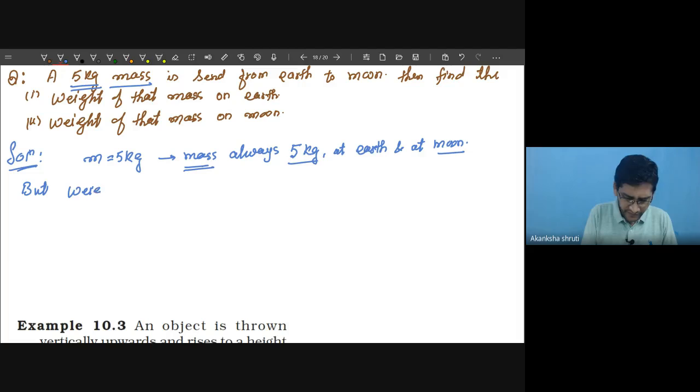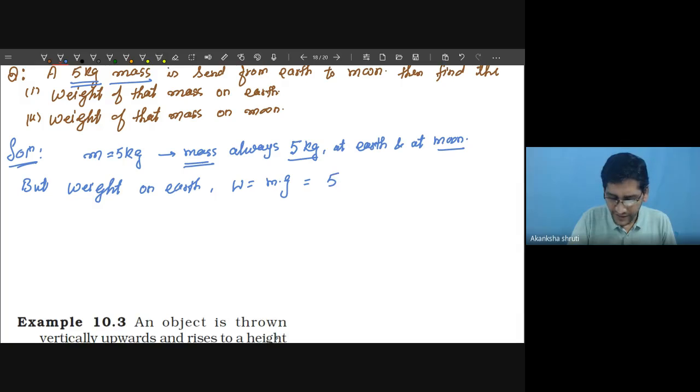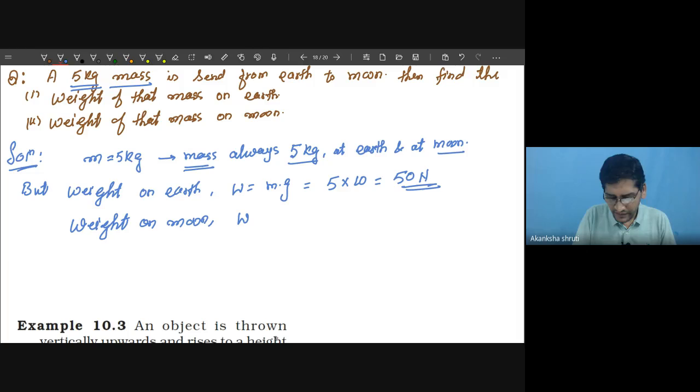Weight on earth is given by m into g, so it becomes 5 into 10, taking g on earth as 10, so it is 50. How much? 50 kg? No, student, the unit is Newton. This we have to keep in mind. But for the same object, how much is the weight on moon?